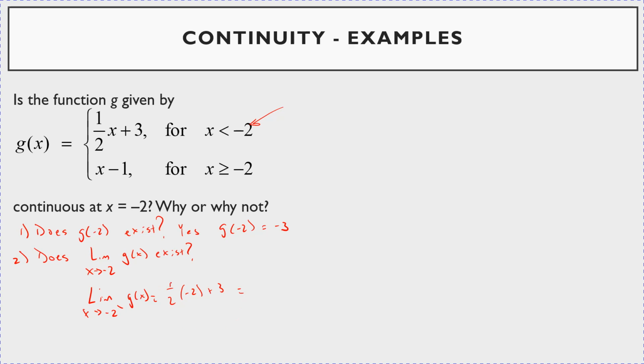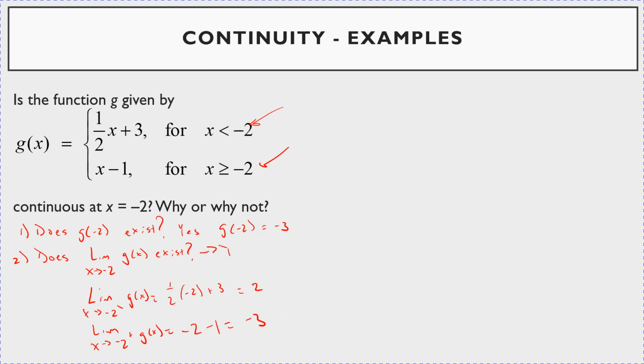That's equal to 1/2 times -2 is -1, plus 3 gets you 2. And then you look at the limit as x goes to -2 from above of g of x. From above, you use this function because your value is greater than -2. So you take -2 minus 1, you get -3. So the one-sided limits don't agree.